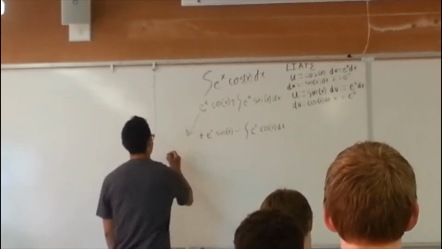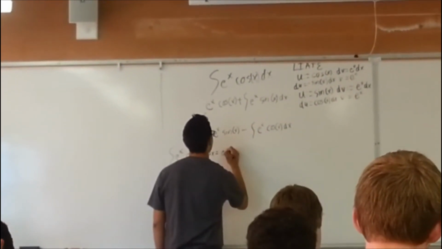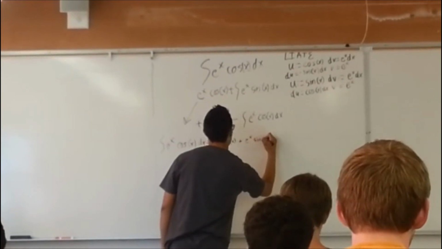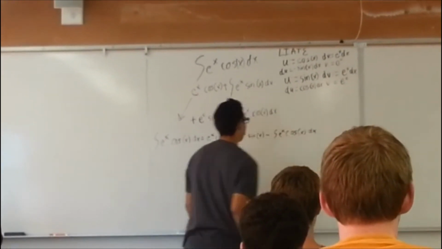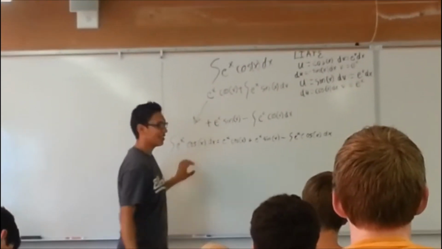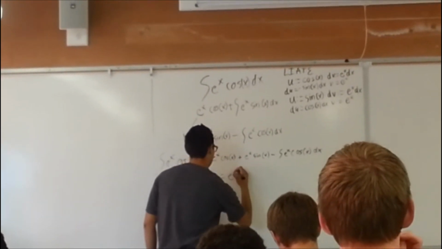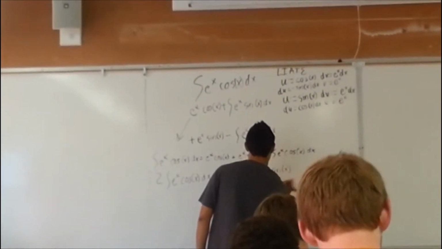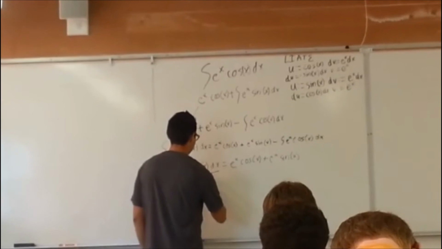So if you rewrite it as the integral of e to the x cosine x dx equals e to the x, like that, you can add this whole thing to both sides and get, now to solve for the integral of e to the x cosine x dx, you just divide both sides by 2.